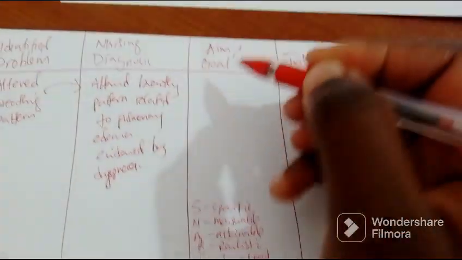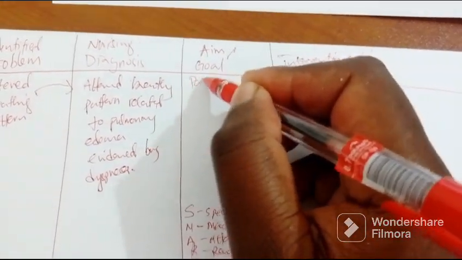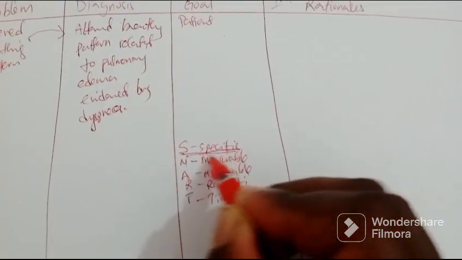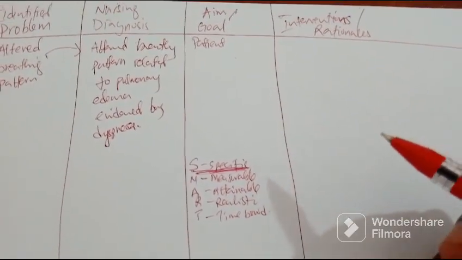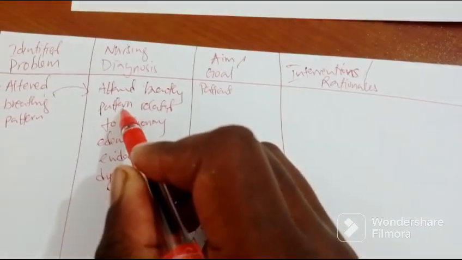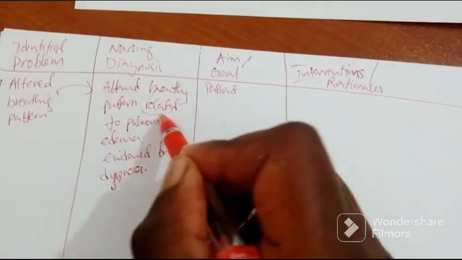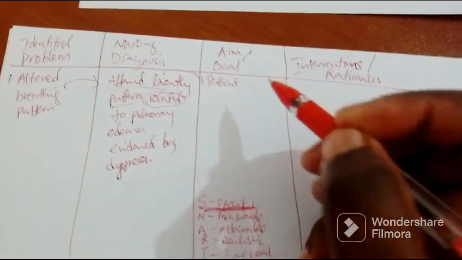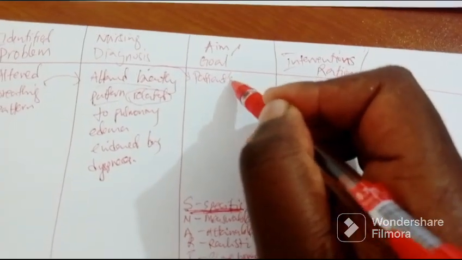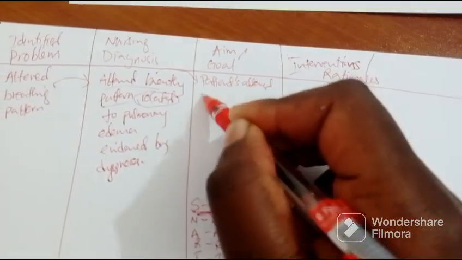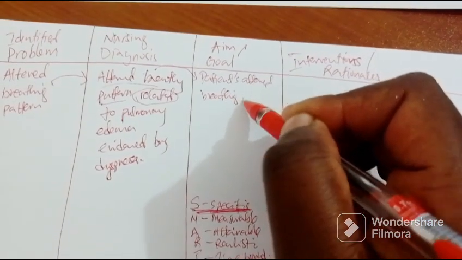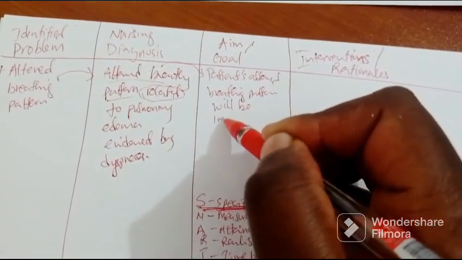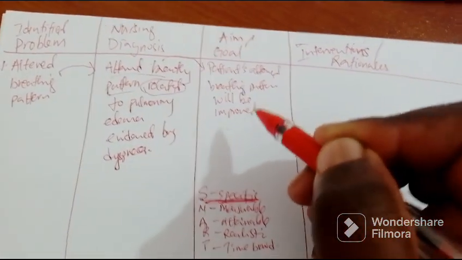Okay, so I always tell my students to start with the word patient, because here you're being specific as to who you're doing this nursing care plan on. Then what you wrote on the diagnosis before the word related to, everything here, just copy and paste it again. So: patient's altered breathing pattern will be improved when.